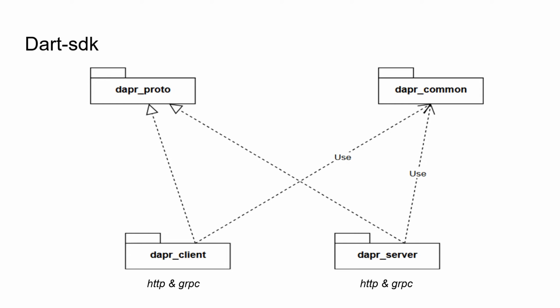Dapr common abstracts certain elements into a separate package. Because Dart doesn't have data classes, we have to rely on code generation, and I have kept that generated code in Dapr common so that it can be shared across both the client and server packages. And Dapr Proto is simply a package which only creates the stubs from the Dapr protobufs.